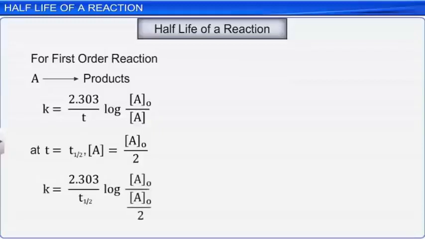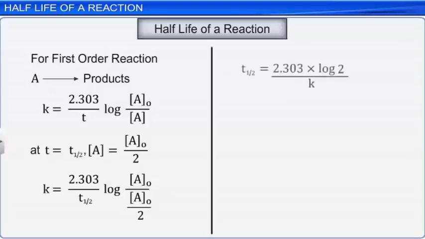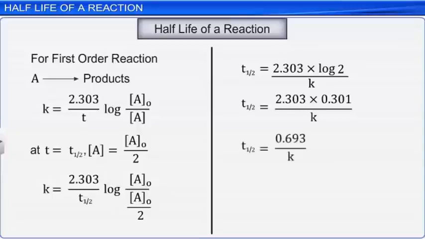On rearranging the equation, we get t1/2 is equal to 2.303 multiplied by 0.301 divided by k. On solving, we get t1/2 is equal to 0.693 divided by k. From this equation, we can conclude that the half-life period for a first-order reaction is independent of the initial concentration of the reactant.